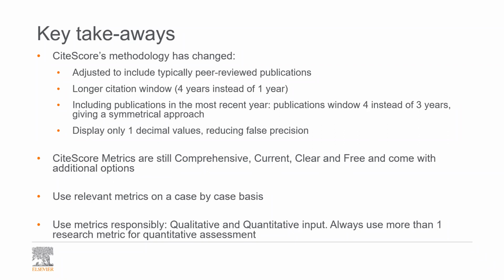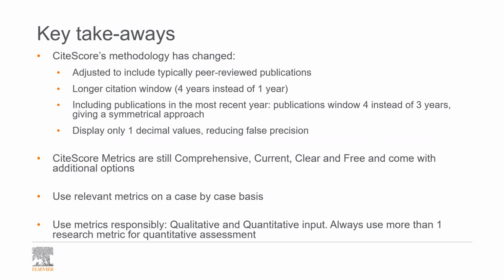Because as I always emphasize, use it responsibly, both qualitative and quantitative output. Always use more than one research metric, because using just one may be less accurate. We researchers all know that we need as much data as possible to support our findings and our decisions. So the more data, the better, and the higher the accuracy for you to submit your article next.